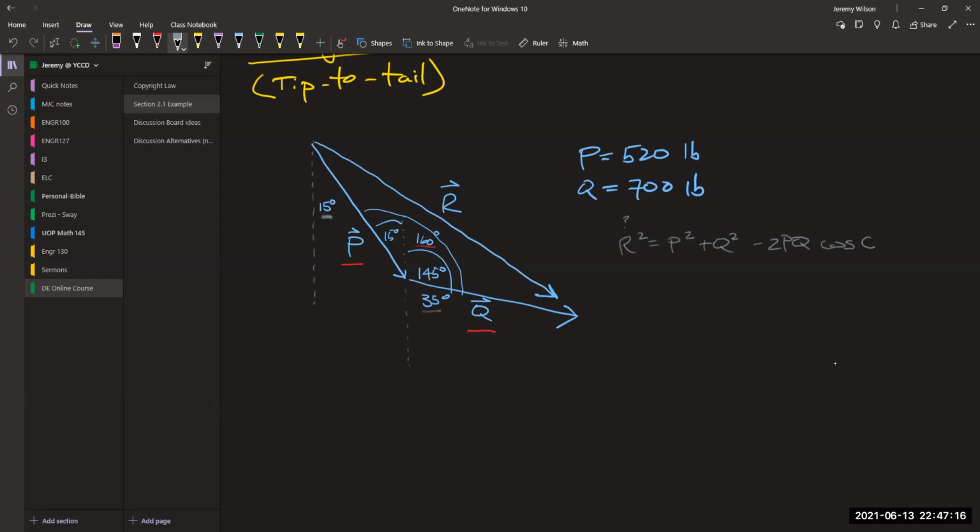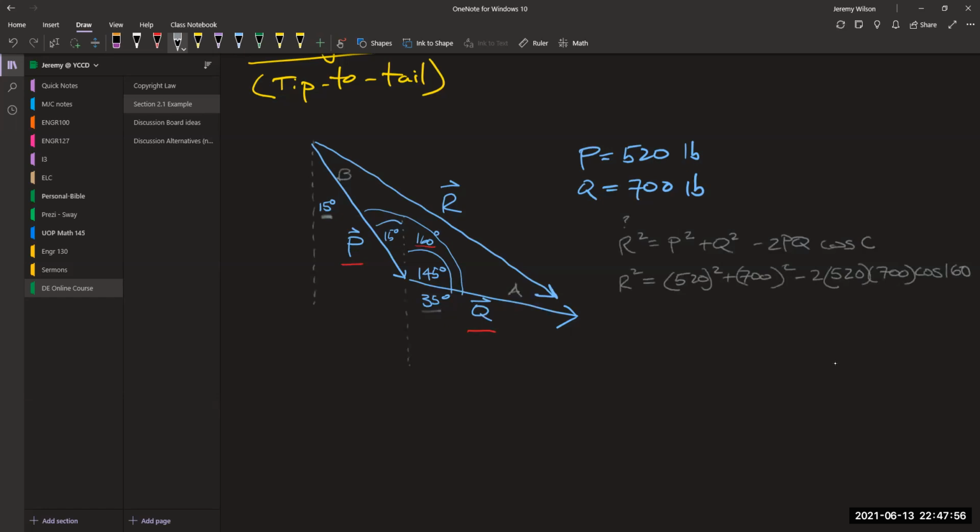Just for clarity, let's go ahead and label A. Angle A is the opposite of P. And angle B is opposite of Q. So let's go ahead and solve for R squared, or R. R squared is equal to 520 squared plus 700 squared minus 2 times 520 times 700 cosine 160.